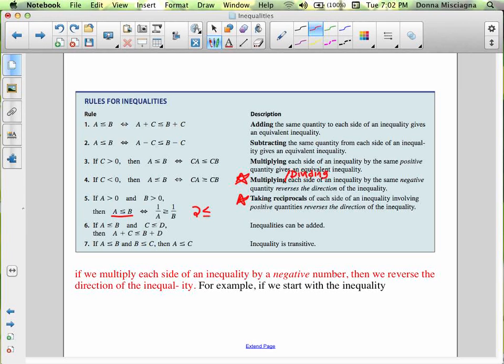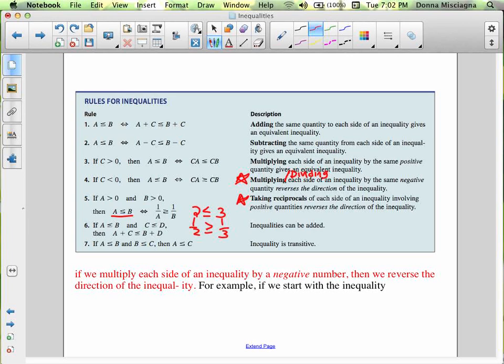So 2 is less than or equal to 3, that's a true statement. But 1/2 is greater than or equal to 1/3. So if you want to use the reciprocals in any way, you've got to change the direction, because if you divide something into smaller pieces, the pieces are bigger.